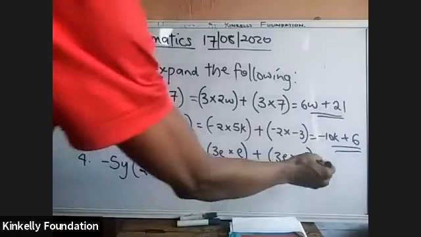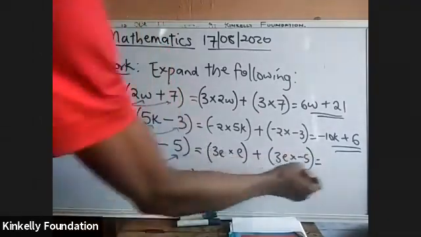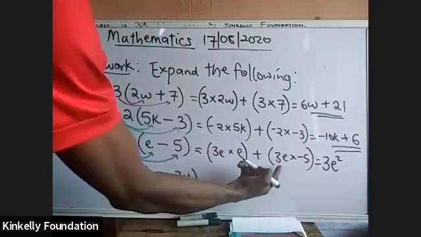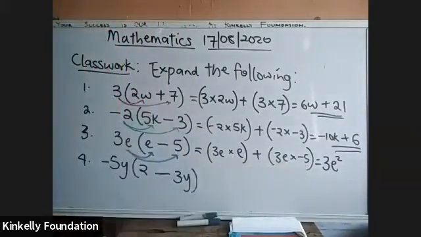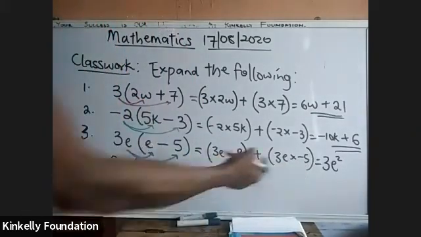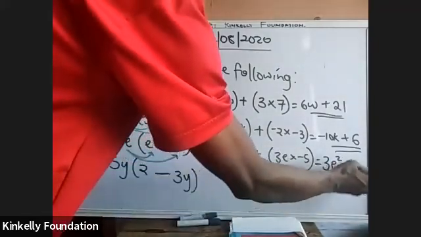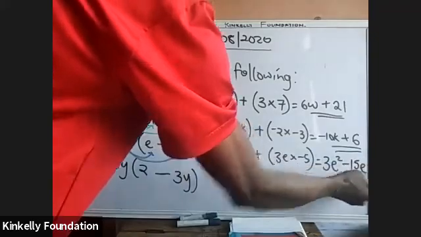We then have 3 times e is 3e squared. 3e times 5 gives us minus 15, times plus, so minus 15e.